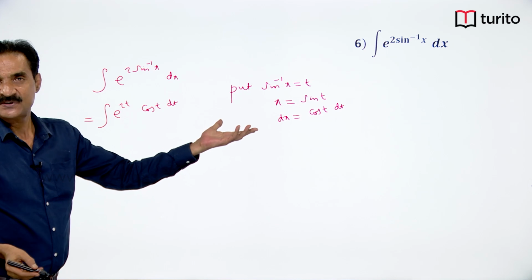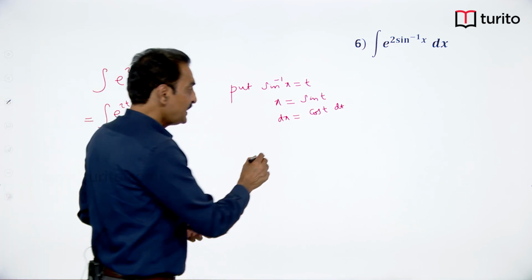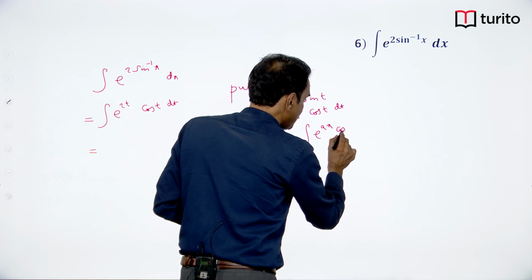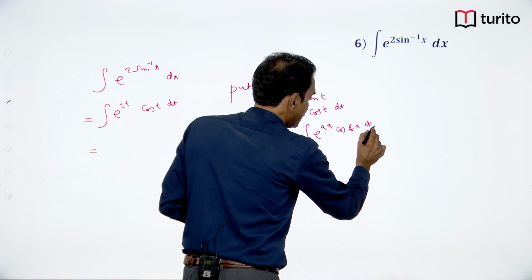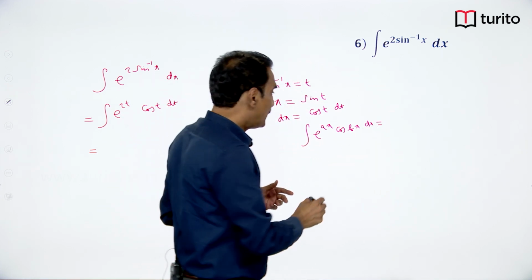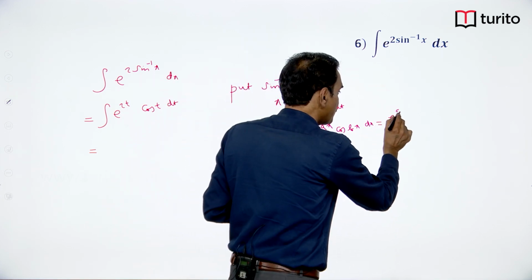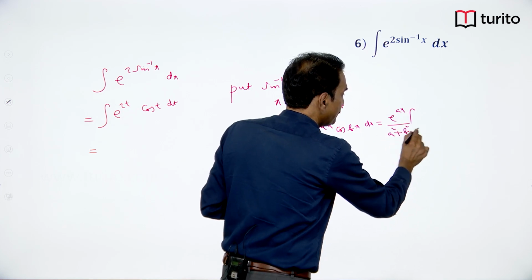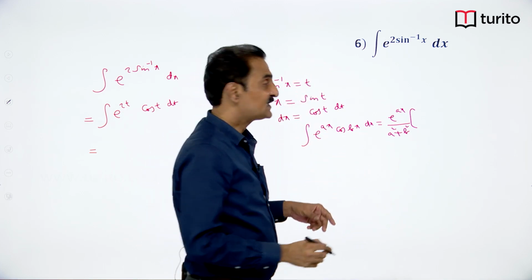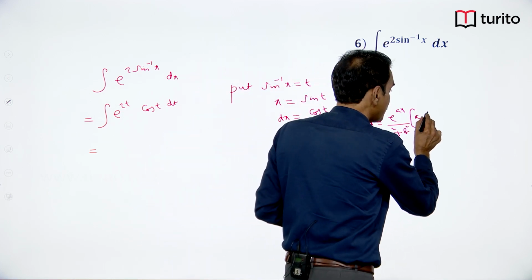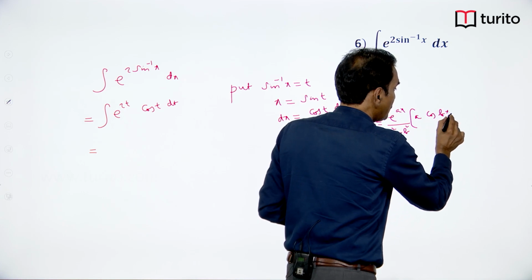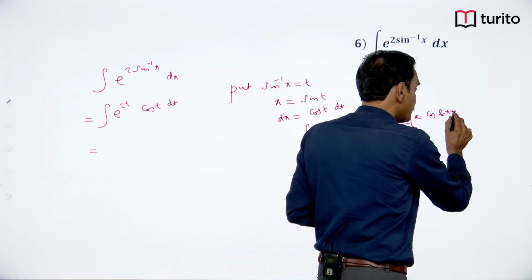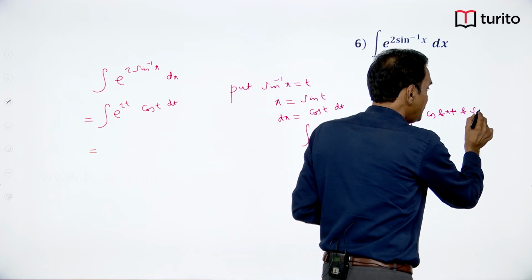It is in the form of our standard formula, integral e power ax into cos bx dx is e power ax by a square plus b square into a cos bx plus b sin bx.